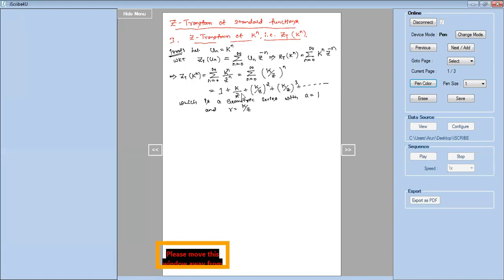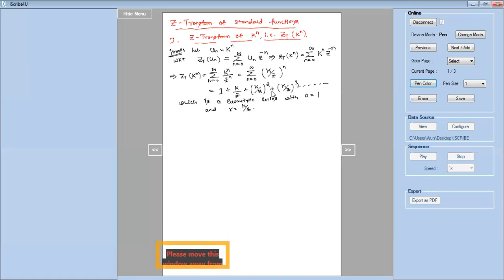Correct? This is the common ratio. Now divide here. K by z whole square by k by z, you get k by z. K by z whole cube by k by z whole square, k by z. So the common ratio is k by z. So it is a geometric series with first term A as 1 and common ratio R is k by z.